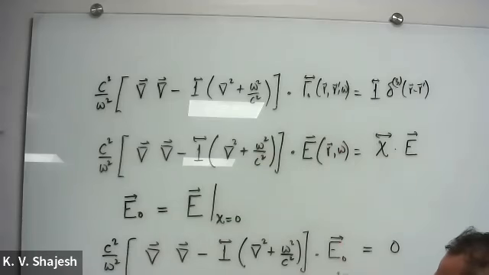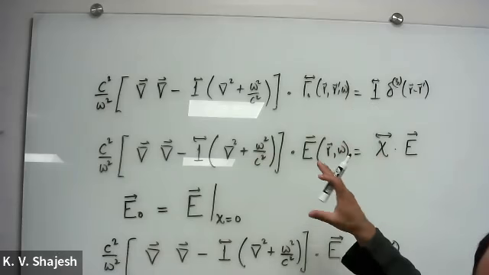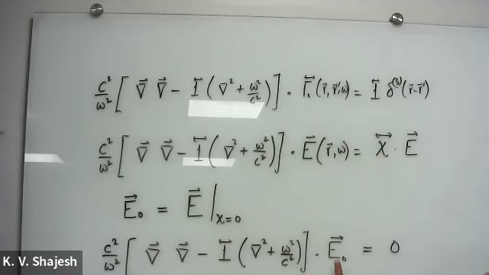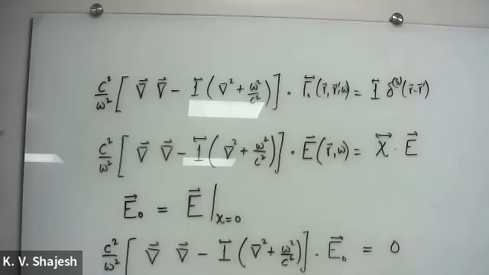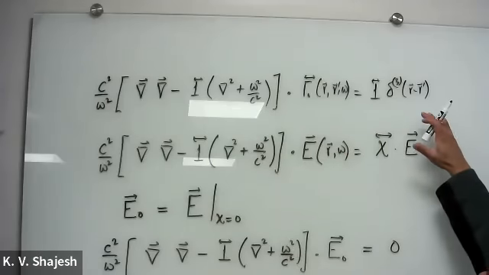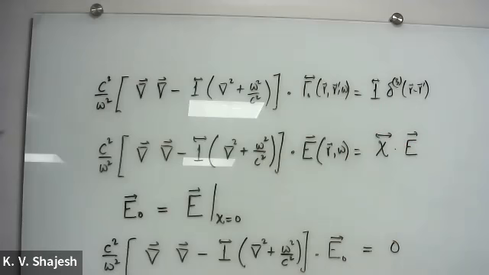The Green's dyadic for E naught and E is the same. So if E naught satisfies this equation, whatever your Green's function equation is, that will be satisfied. It's a kind of trivial one because the right side is 0 in that case.